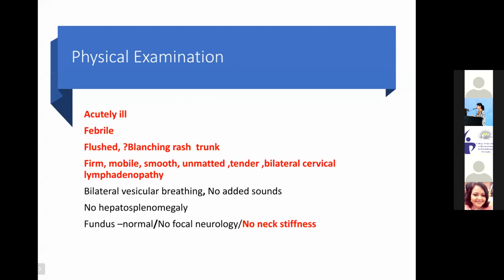Physical examination revealed an acutely ill, febrile patient with a transient blanching skin rash over her trunk. There were firm, mobile, smooth, tender bilateral cervical lymphadenopathy as well. There was no neck stiffness. Apart from that, her examination findings were normal.